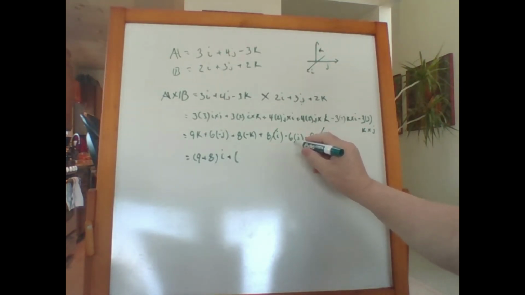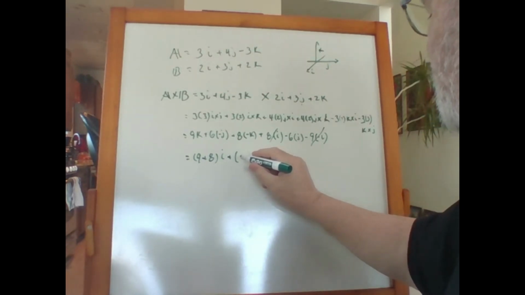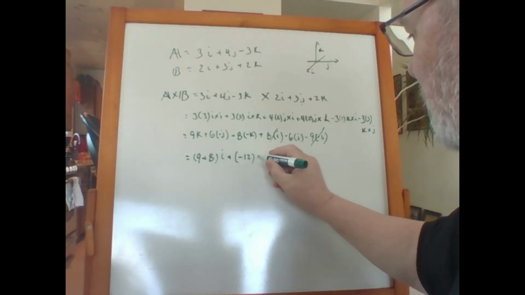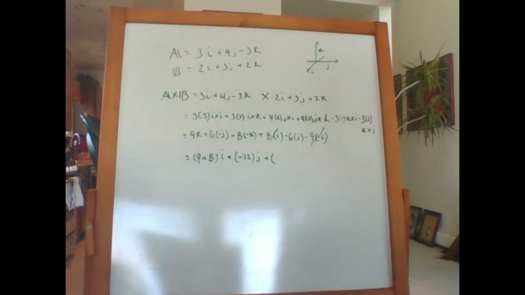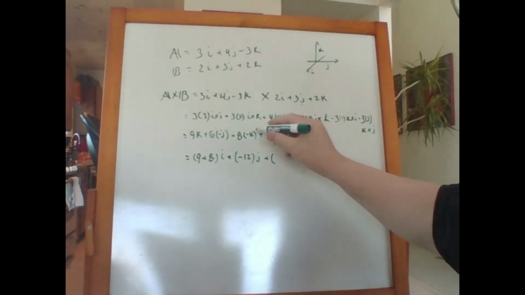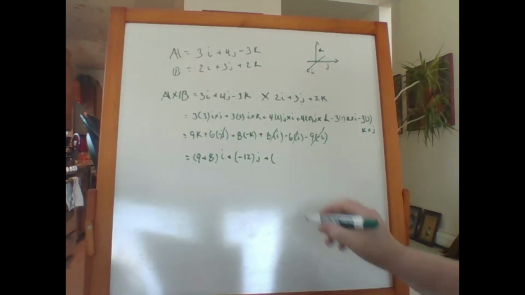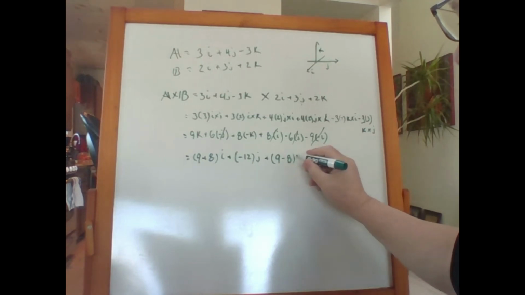In the j direction we have minus 6, minus 6. That's negative 12 in the j direction. Plus, now we got rid of our j's. In the k direction we have 9 minus 8, k.